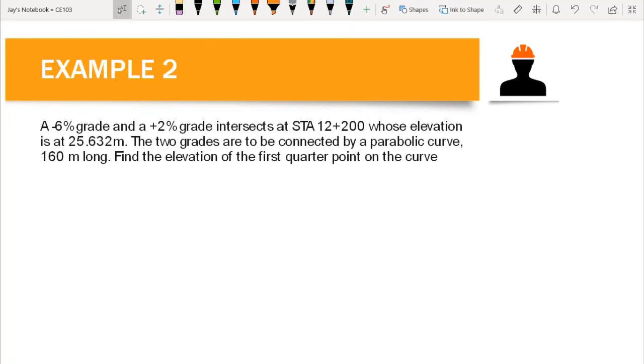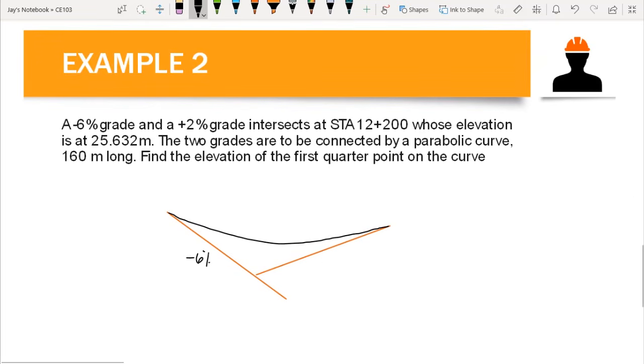So to better analyze the problem, we need to draw the parabolic curve. We have this curve, which is a sag curve, because we have negative 6% grade for our back tangent, and we have 2% grade in our forward tangent. And then, according to the problem, these two tangents intersect at 12 plus 200. Since this is a symmetrical curve, the intersection is at the midpoint between PC and PT.